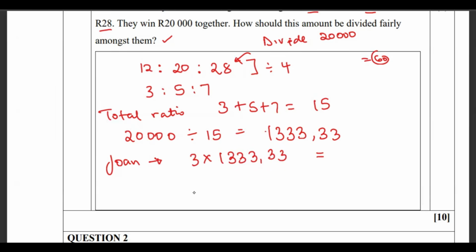So when I multiply that, we are getting 3,999.99, which is roughly 4,000. Maybe I should erase this out and give it as a fraction, which is 4,000/3.